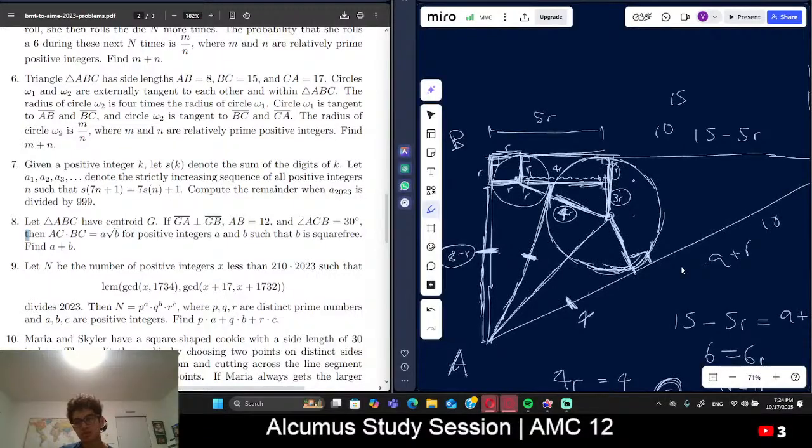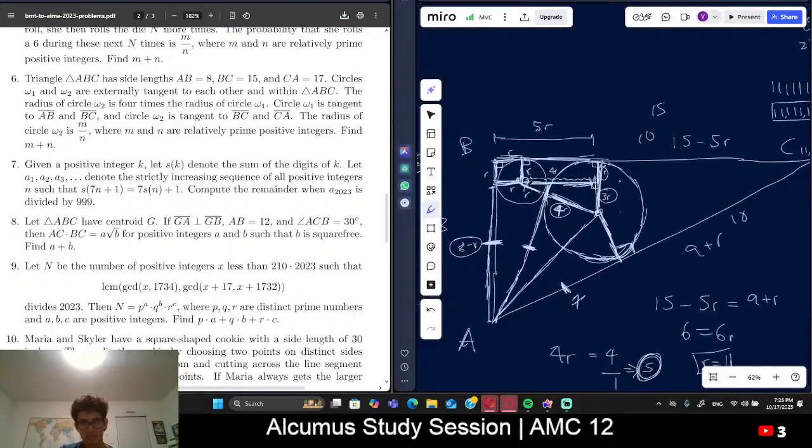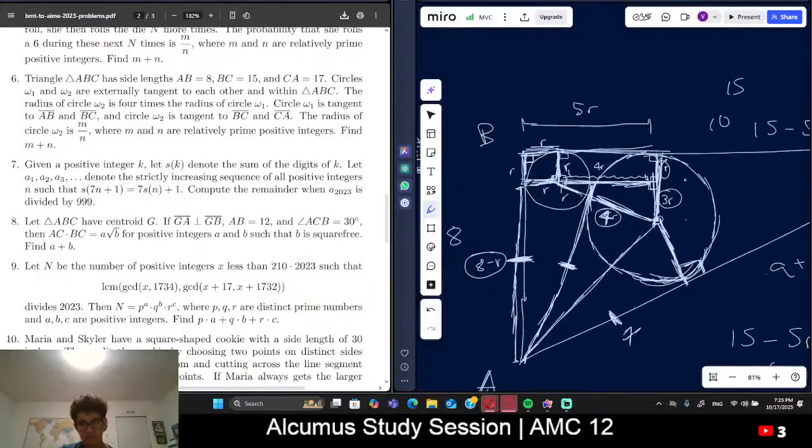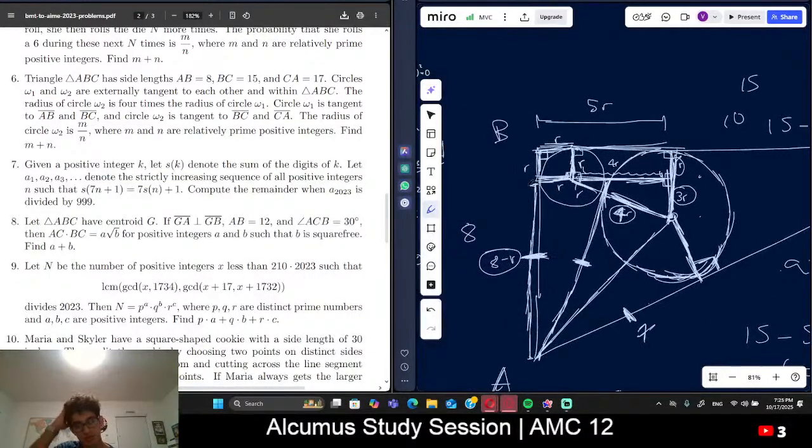And so, did I do this right? 8 minus r goes until that edge, and then that is also 8 minus r, which goes until there, and then that's 8 minus r, which goes until there.